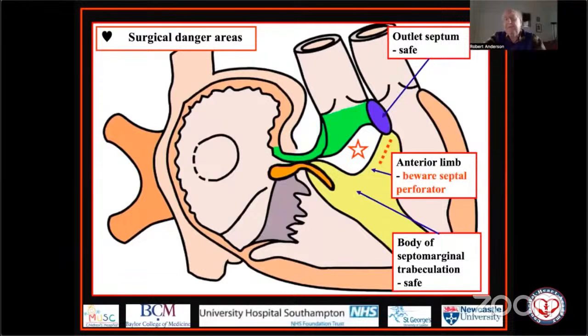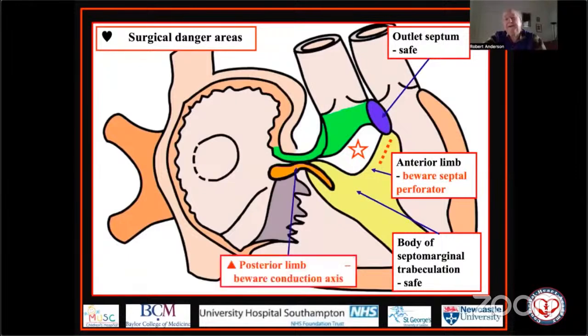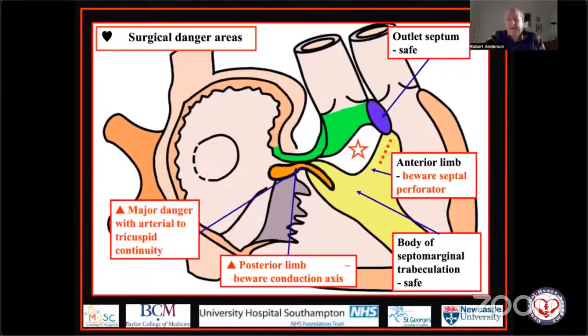Its anterior rim is relatively safe, but beneath it is the first septal perforating artery. It is the caudal or the inferocaudal limb of the septomarginal trabeculation that leads us to the danger area, because lurking behind the posterior inferior rim of the septomarginal trabeculation is the conduction axis, as Diane has shown you.